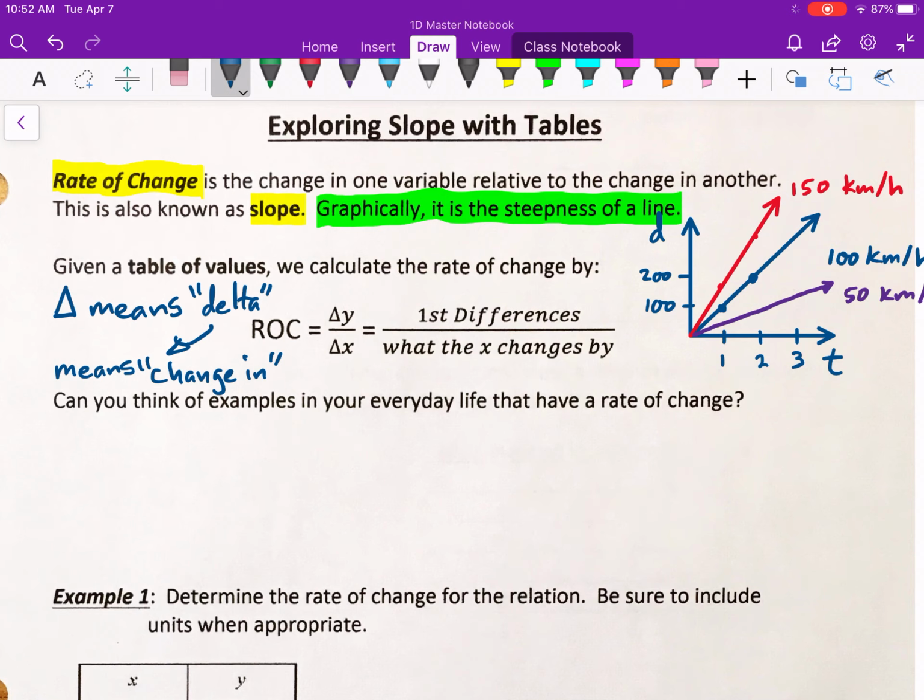So that would be our formula that we're going to come back to for rate of change. So again, this is an important formula. Keep this in mind. Maybe I should put a little box around it just to highlight it a bit.